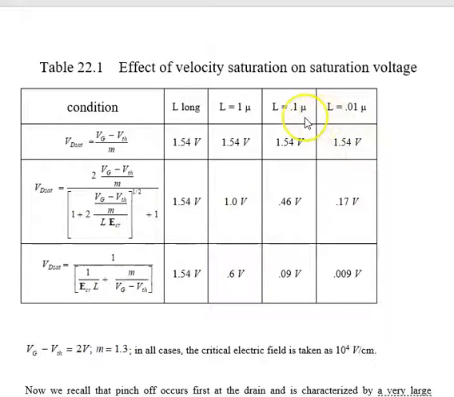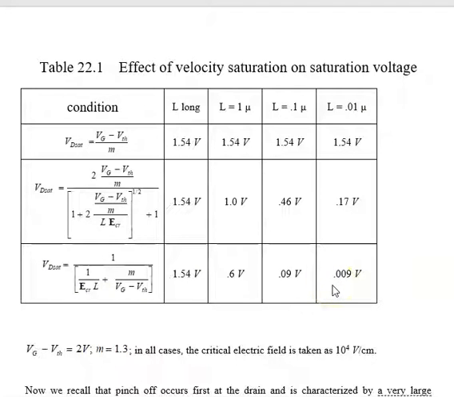For 0.1 microns, which is still not all that small. Again, of course, this is all the same. It doesn't depend on it. Here we get a VDSAT of 0.09 volts, extremely small. And for 0.01 microns, that's about as small as you can get, and we're basically at VDSAT equals 0.